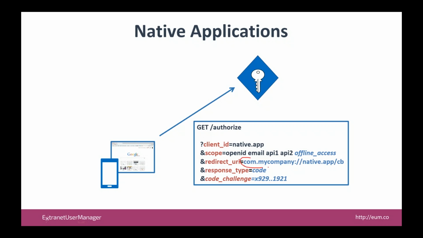The last thing that's sort of interesting here is the redirect URI. There are a couple different styles for using this, but one of them is this style here, which is a custom URI scheme. The idea here is that your native app launched the browser. The browser is going to get back the code, right, in the URL. How do we then get the code from the browser back into your native application?